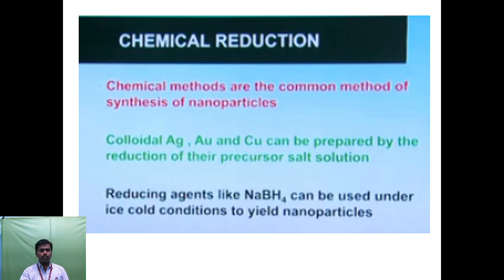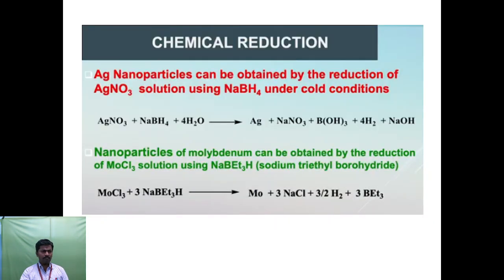In this method, we use sodium borohydride as a reducing agent, carried out under ice cold conditions to yield nanoparticles. In the preparation of silver nanoparticles, silver nitrate is reduced using sodium borohydride under cold conditions, and we get silver nanoparticles. Nanoparticles of molybdenum can be obtained by reduction of molybdenum chloride solution using sodium triethylborohydride as a reducing agent.